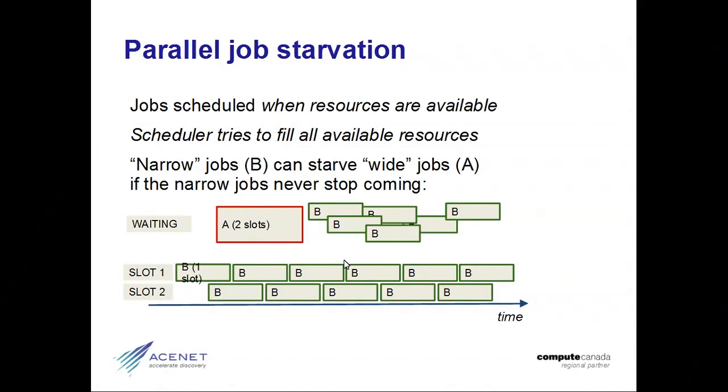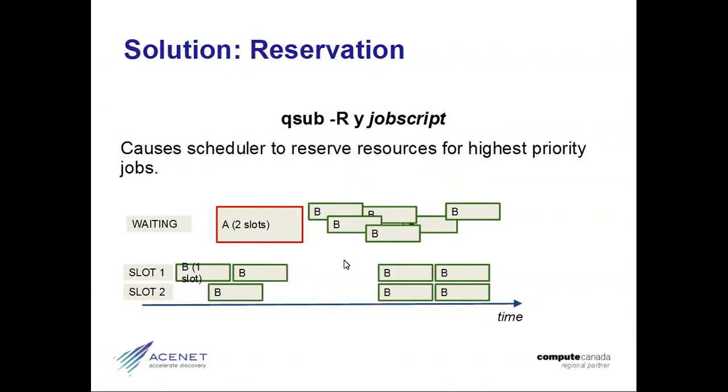So how do we get around this? The solution is another scheduler flag called reservation. You introduce it with a -R, and again, you can either supply it as an argument to qsub, or you can put #$ -R y for yes inside your job script.